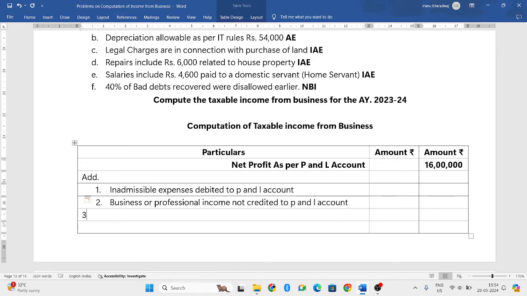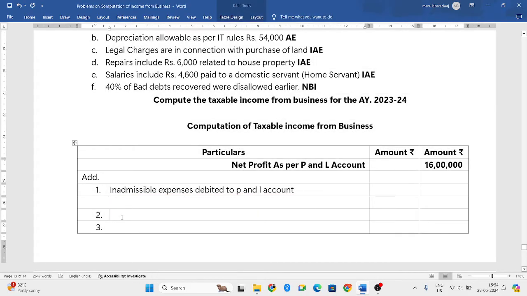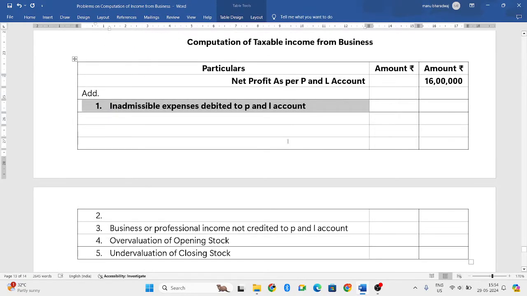The third one will be overvaluation of opening stock. Fourth one is undervaluation of closing stock. Now first, let us look at all the inadmissible expenses debited to the P&L account. Which means any inadmissible expenses, if shown in the P&L account, we will record those here.